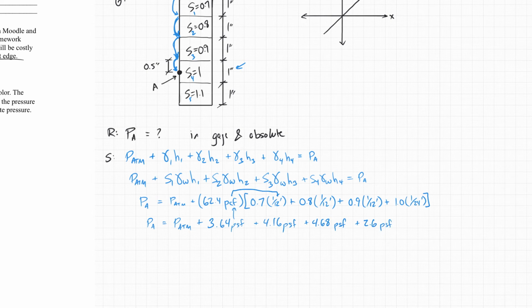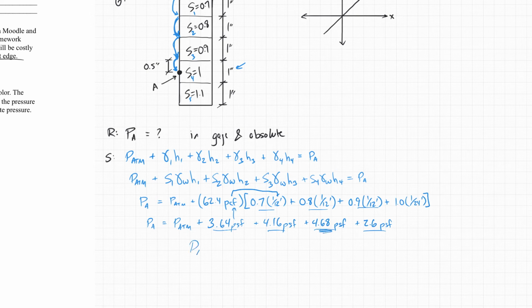Notice that for each inch you go down in a denser fluid, we get more pressure increase, which makes sense. Now this one we only go down 1/2 an inch, so if we'd gone down the full inch, we would have gotten a larger number than 4.68.